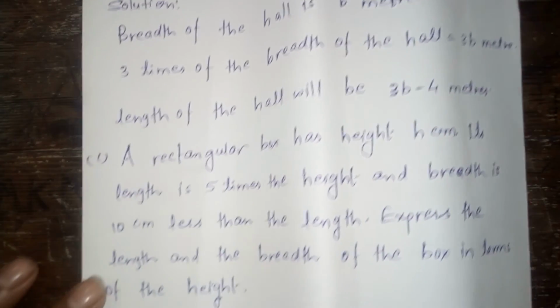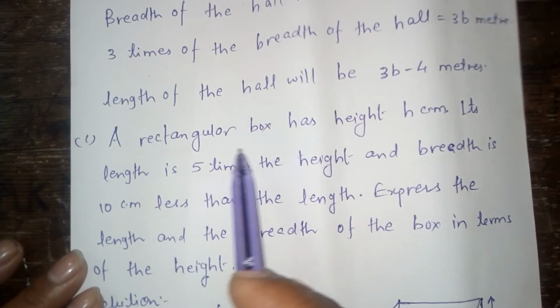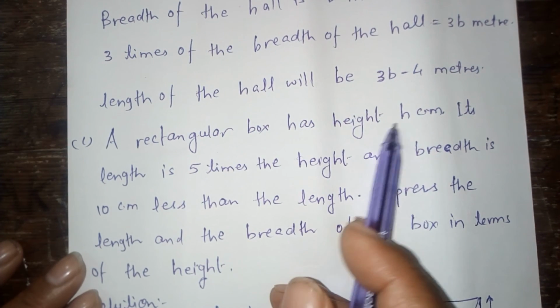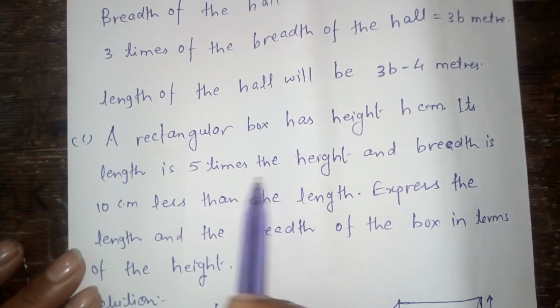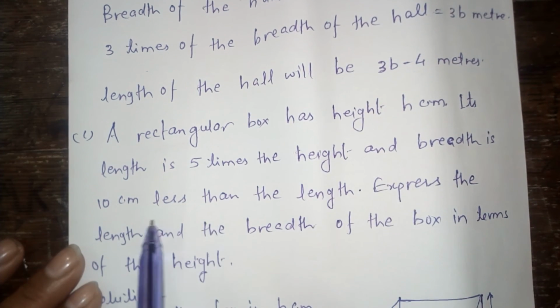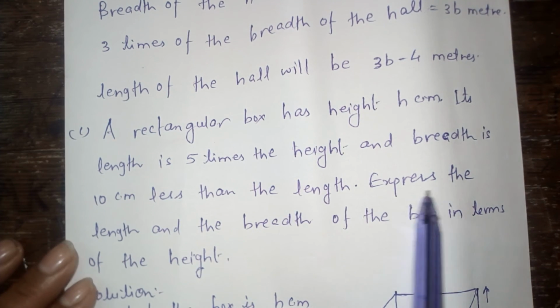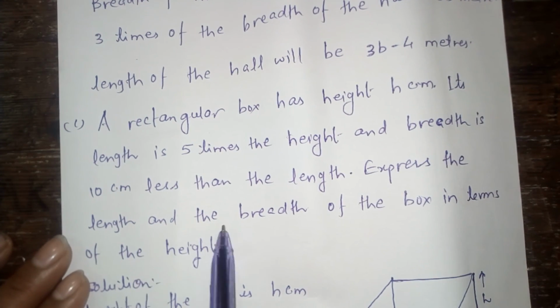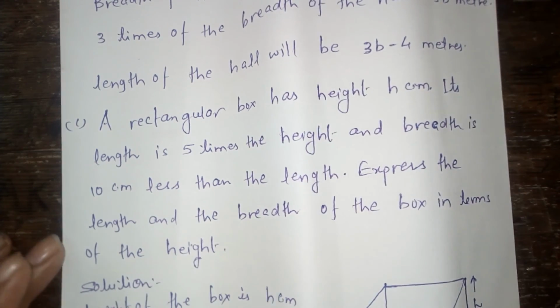My dear student, your next question is: a rectangular box has height h centimeters. Its length is 5 times the height and breadth is 10 centimeters less than the length. Express the length and the breadth of the box in terms of the height.